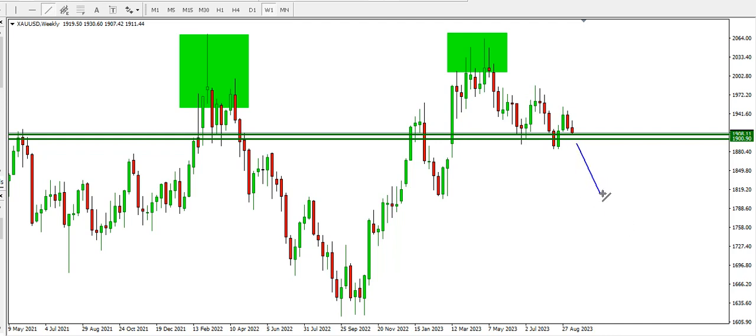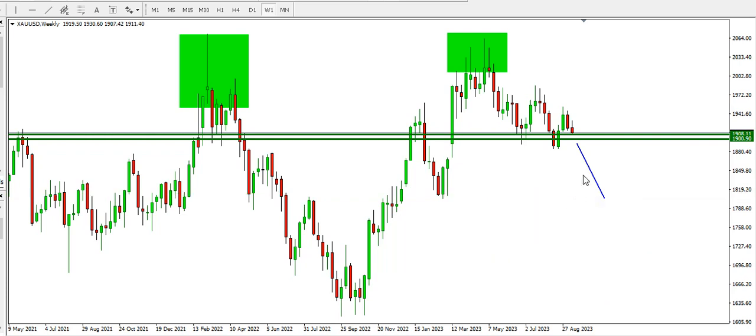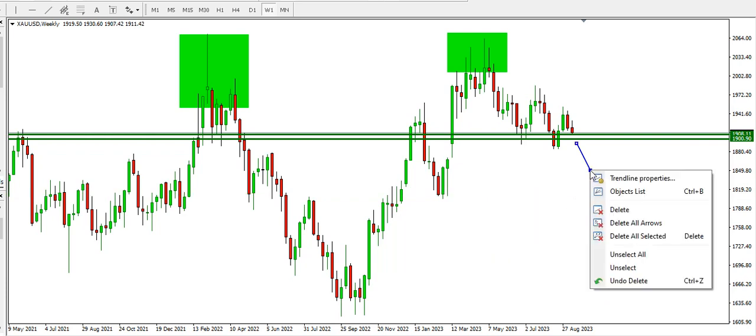If price is going to slide, it might likely slide to the first demand area, which is around the 1811 level. But that would surely take a lot of time. Might take weeks, might take months.